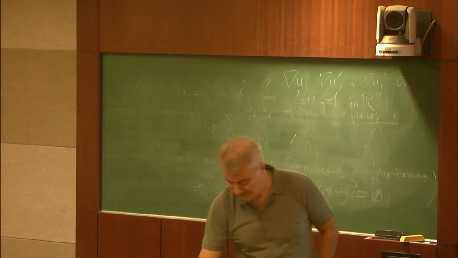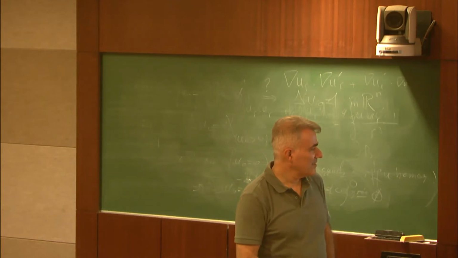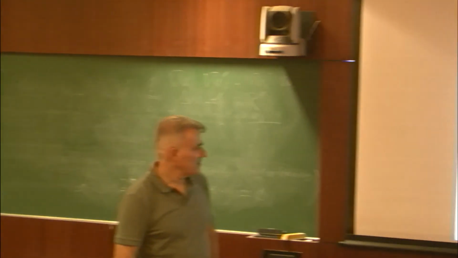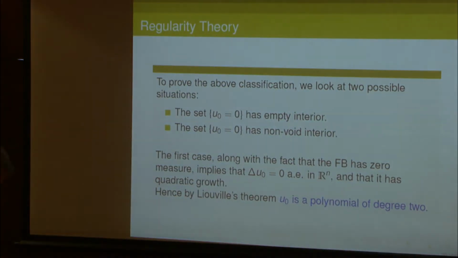Let me do that one first, and then we go to this. Okay, so let me do the proof for the next one with the monotonicity formula, and you'll see the strength of that. So you remember the monotonicity formula from yesterday?